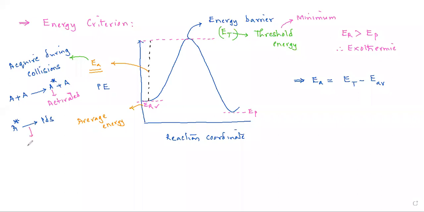Such collisions which lead to the formation of products are called activated collisions, or you can say fruitful collisions, or of course, effective collisions.